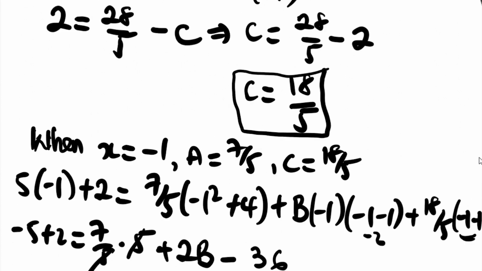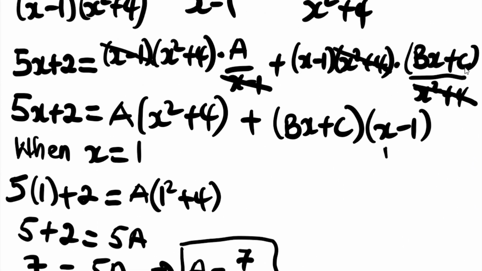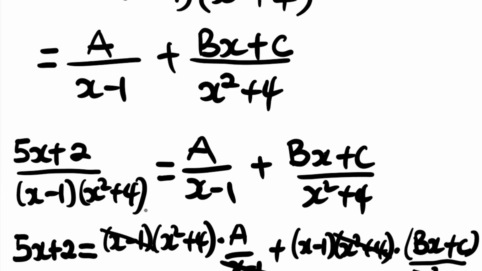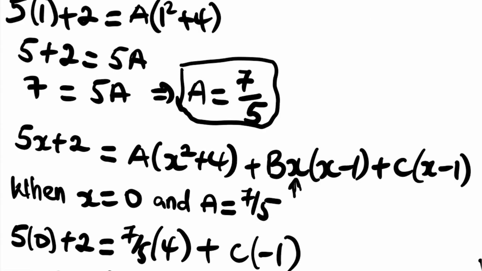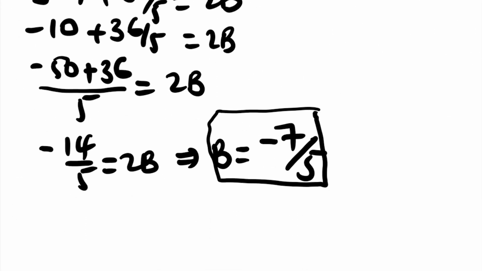So with that, we need to finally go back and replace the values of a and b. So let's rewrite this again at the bottom. We were here.